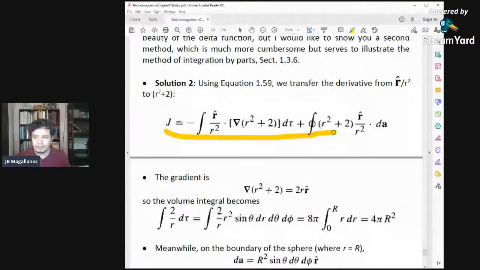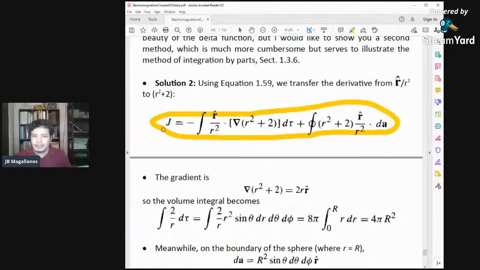So your r hat over r square, times the gradient of r square plus 2, you integrate that with respect to a volume. And the second term is your r square plus 2 times r hat over r square, dotted to the dA.